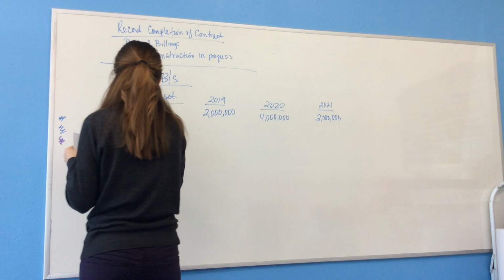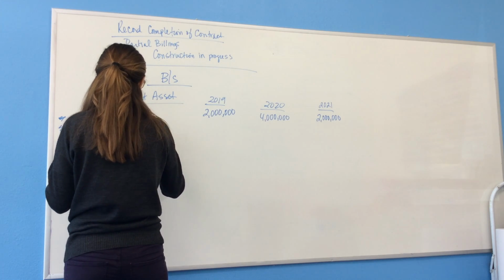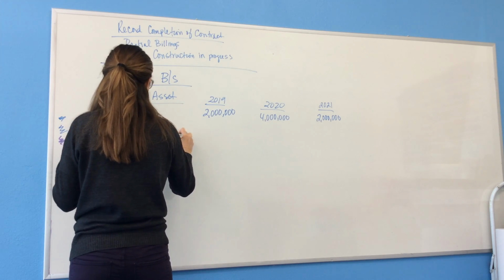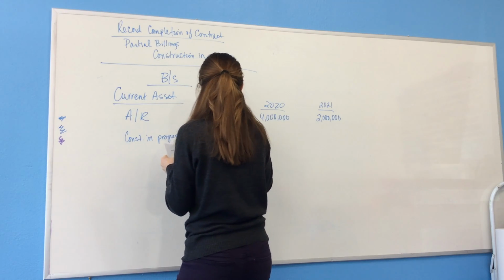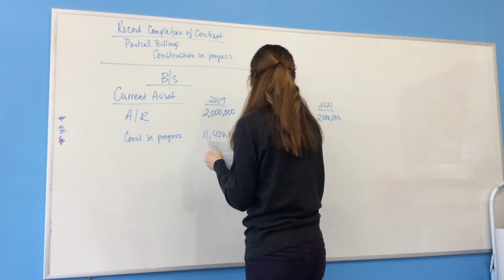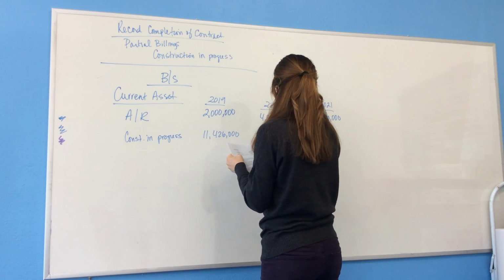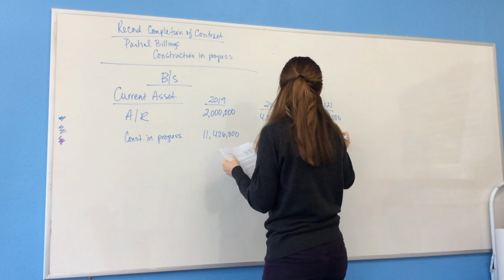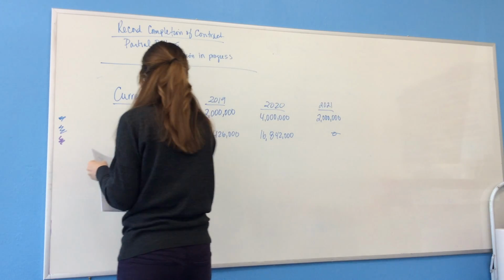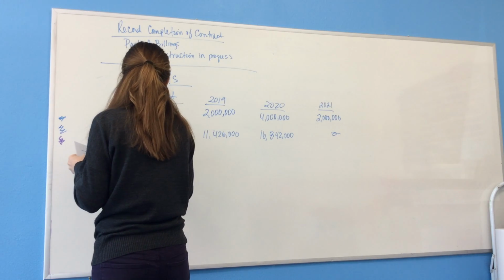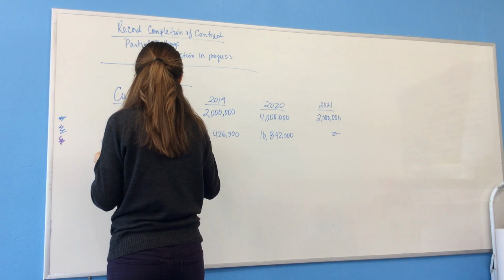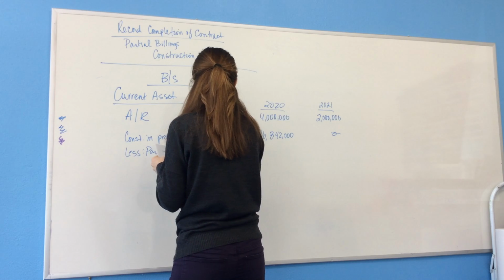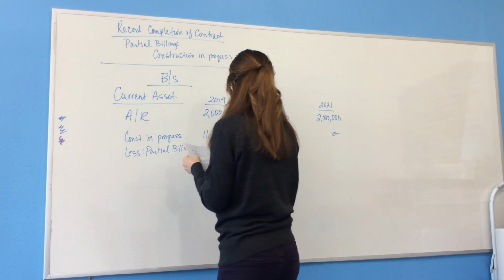Then we have construction in progress. Construction in progress is going to be 11,426 and 16,842. And of course it's going to be 0 in 2021. Less partial billings. My partial billings in 2019 was 8 million.